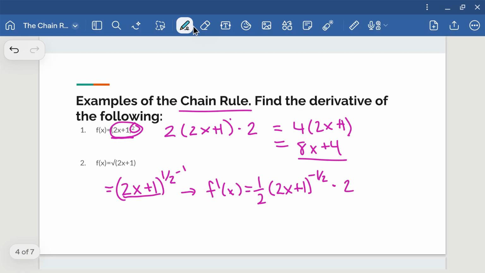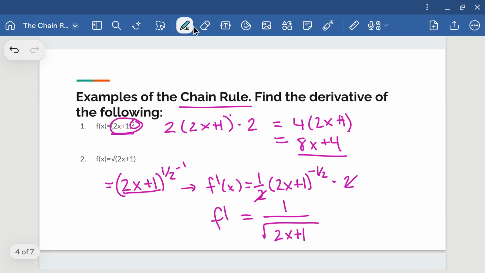In terms of the math, because we're multiplying, these 2's would cancel, and usually you don't want a negative exponent, so we can write the whole thing under 1, and instead of writing the exponent as 1/2, we can just take the root one more time. So 1 over the root of (2x + 1) is what the derivative of that would be.